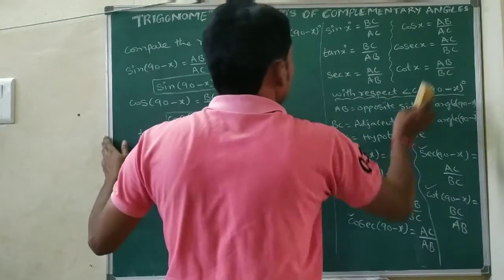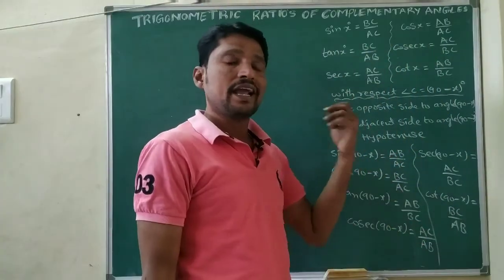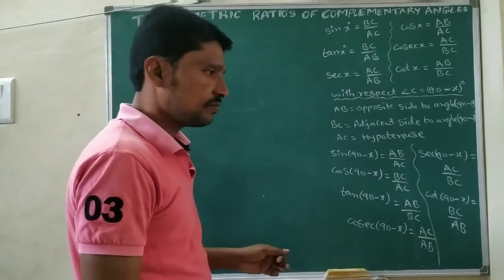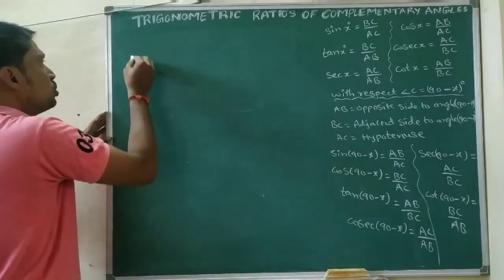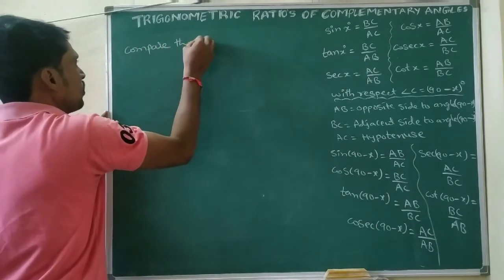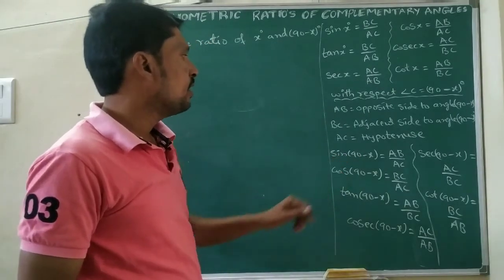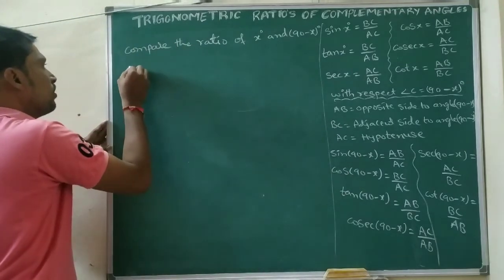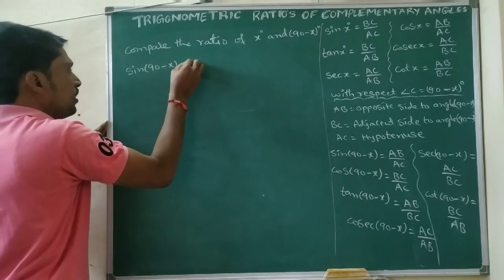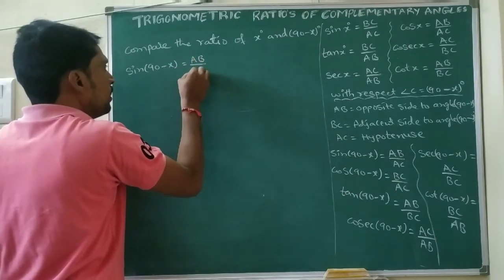Now comparing x degrees and 90 minus x degrees. So compare the ratio of this one, that is 90 minus x. Sine 90 minus x is AB by AC.